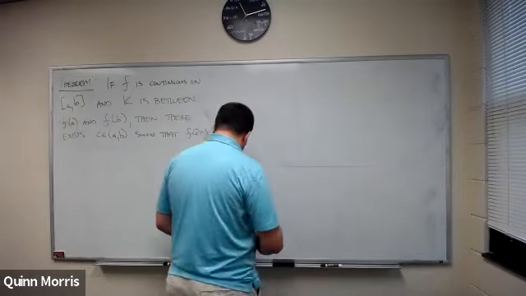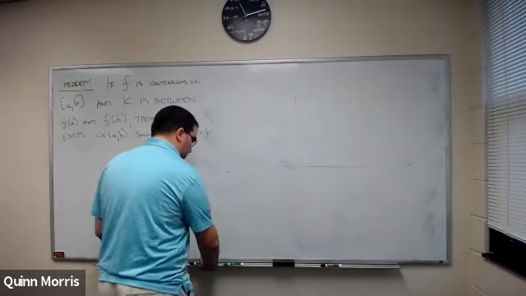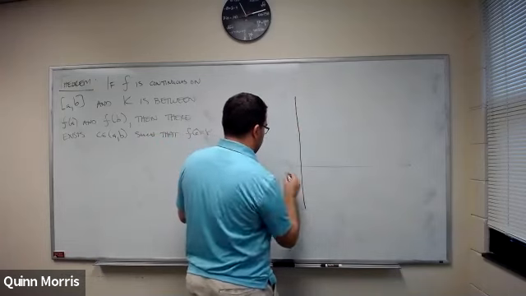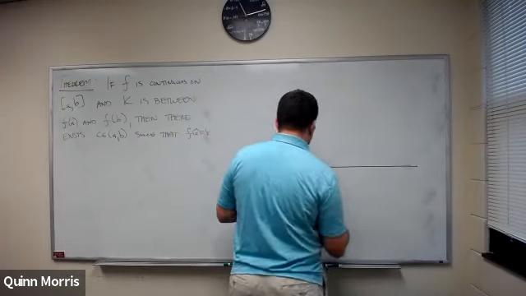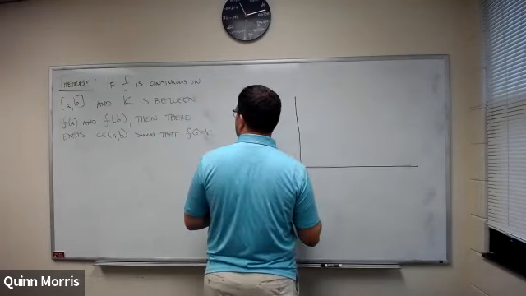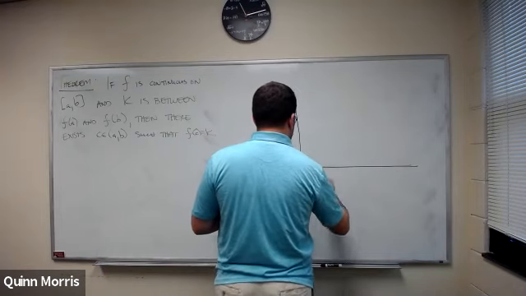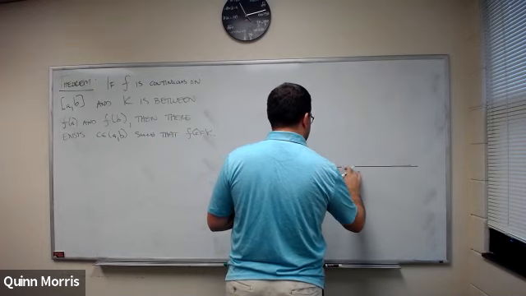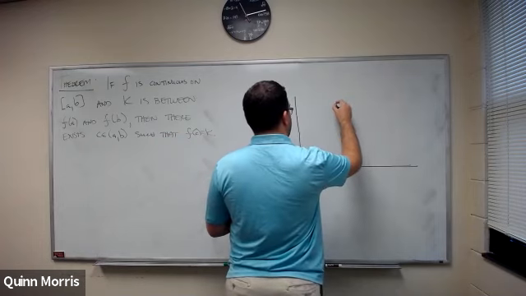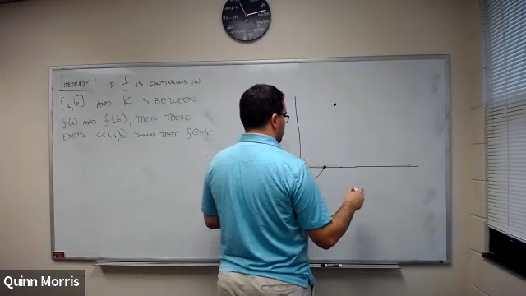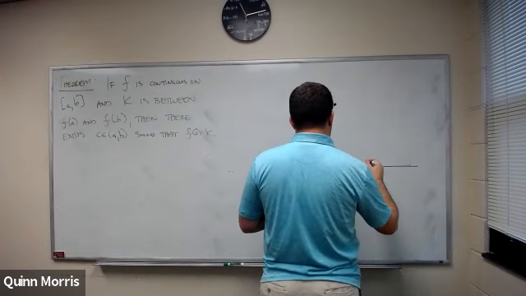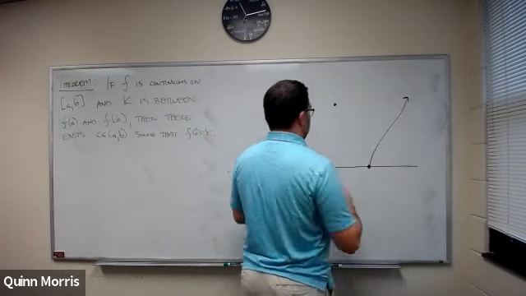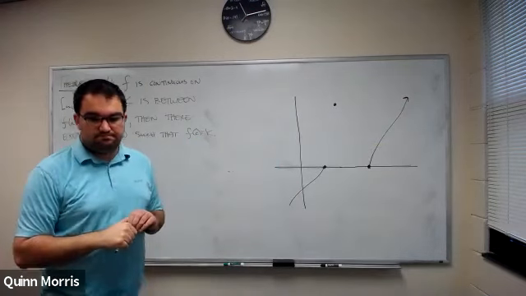Let's just draw an example here, and maybe I'll need to switch markers. There we go. Okay, so think about this function. Right, this is a continuous function.